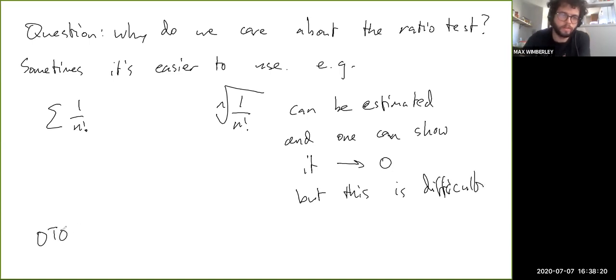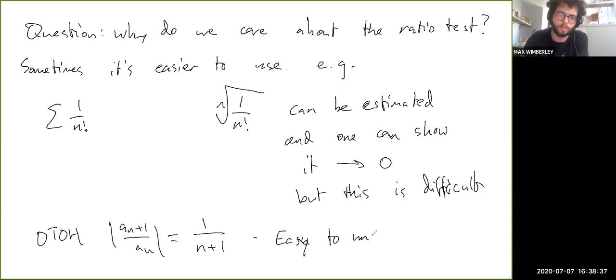On the other hand, a_{n+1} over a_n is easy to calculate, because it's literally just 1 over n plus 1. So the ratio test is essentially a convenience. It allows us to analyze special types of series where the ratios are easy to compute and analyze, whereas the roots might not be that easy.